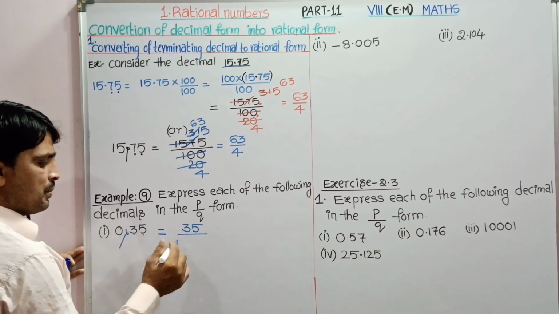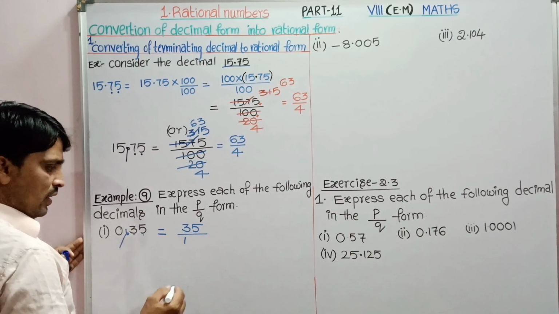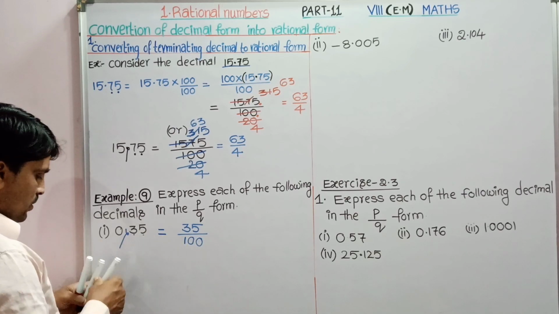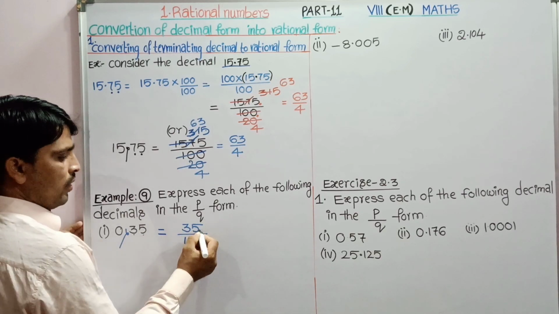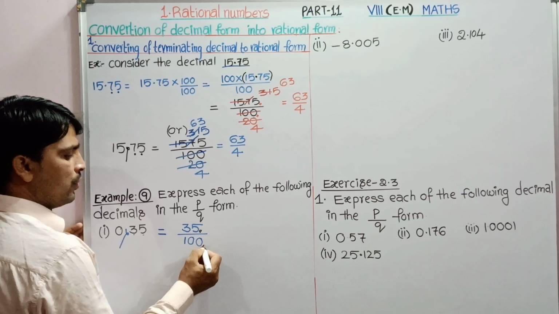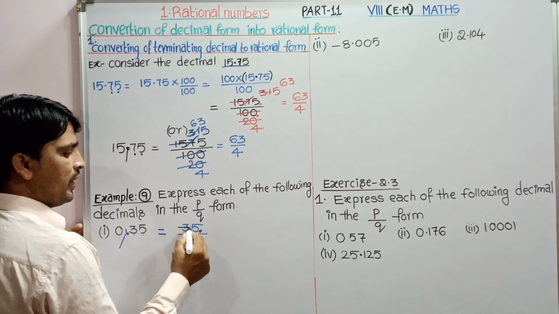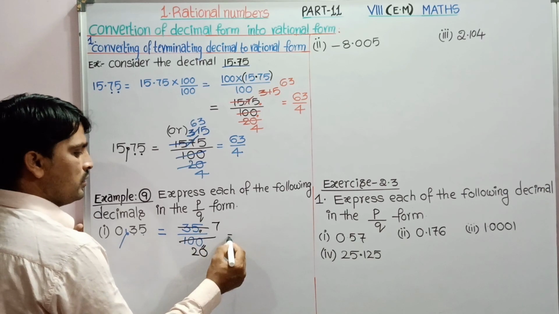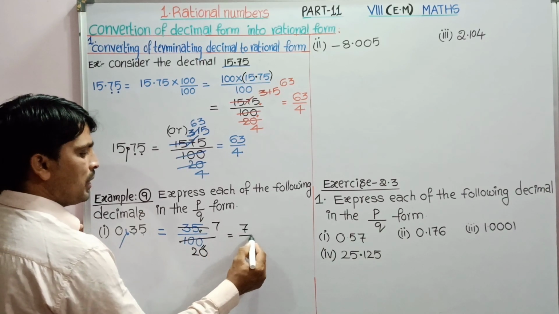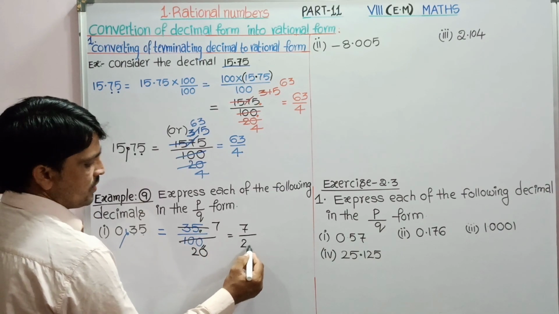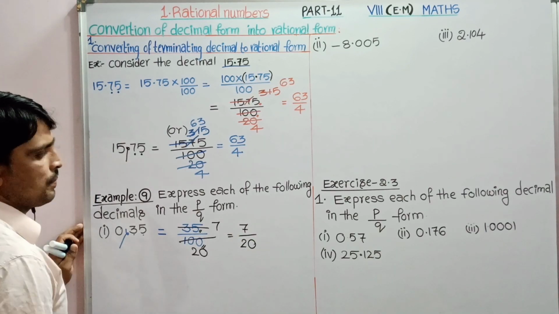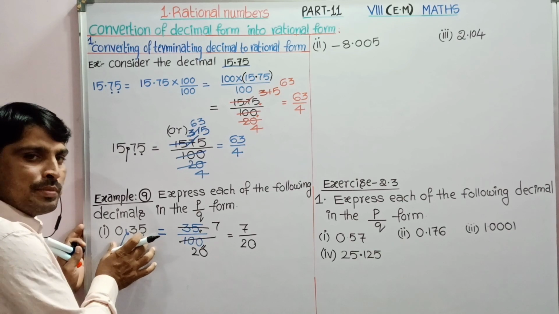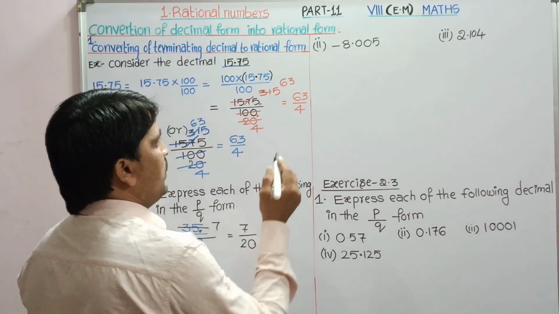Since it has two decimal places, write in the denominator 1 annexed with 2 zeros. Both have unit digit 5 and 0, so by the 5 table, 5 7s are 35, 5 20s are 100. The rational form of the given decimal number 0.35 is 7 by 20.